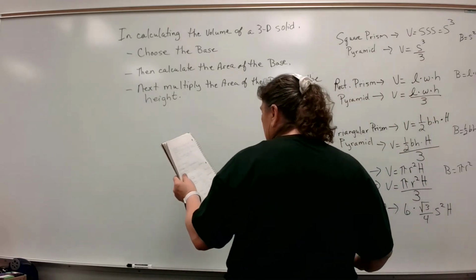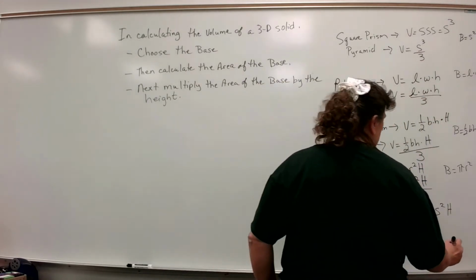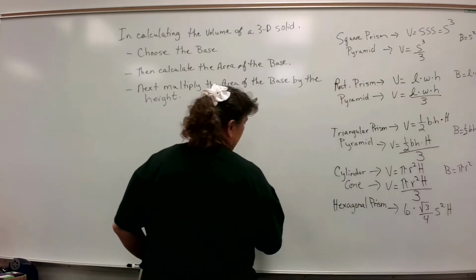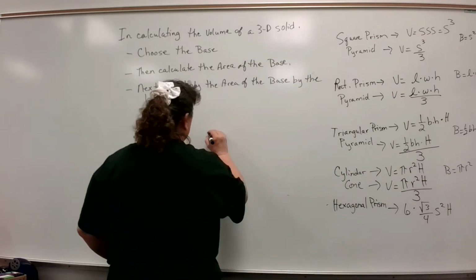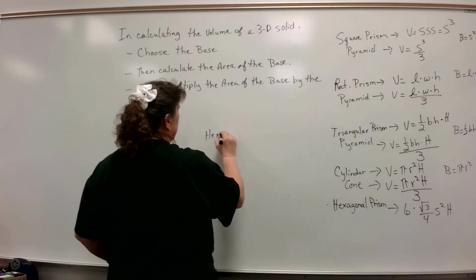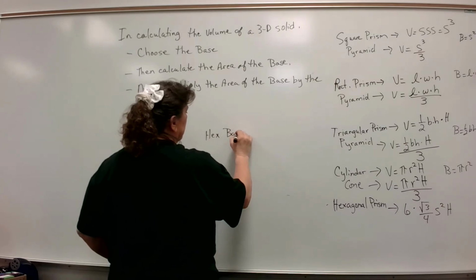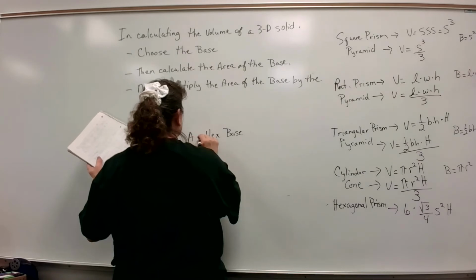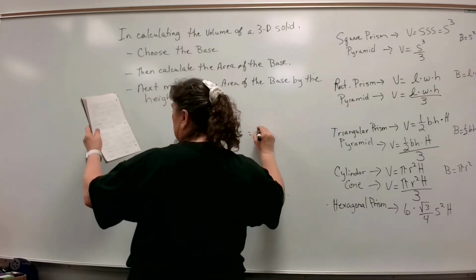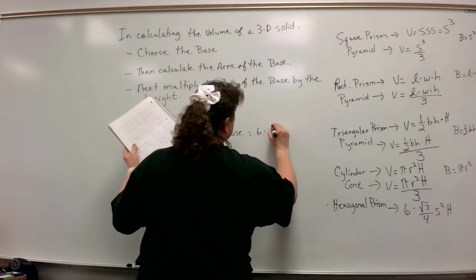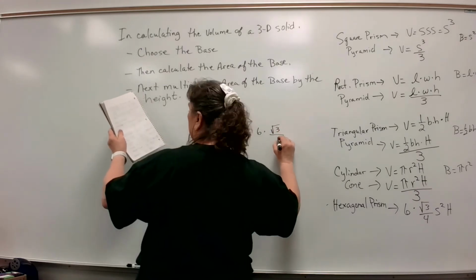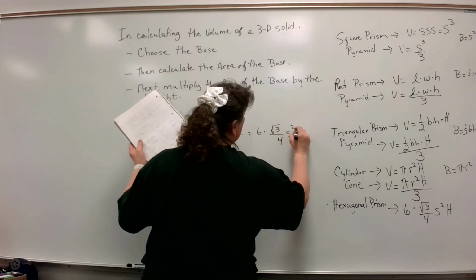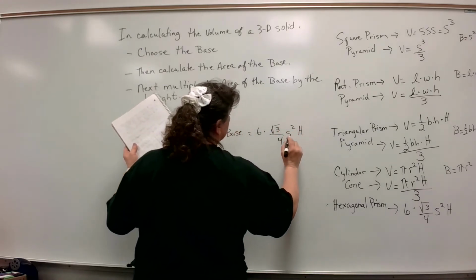And my base of that is 6, I'm out of room over here, hexagon base. And the area of that is 6 times square root of 3 over 4 s squared times my height.